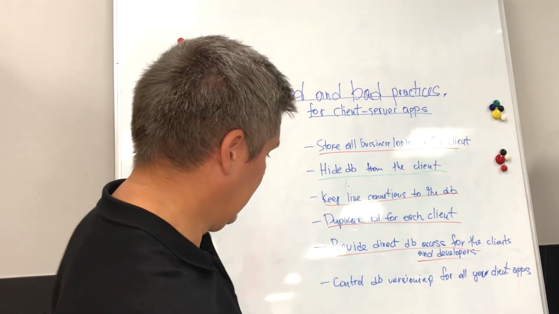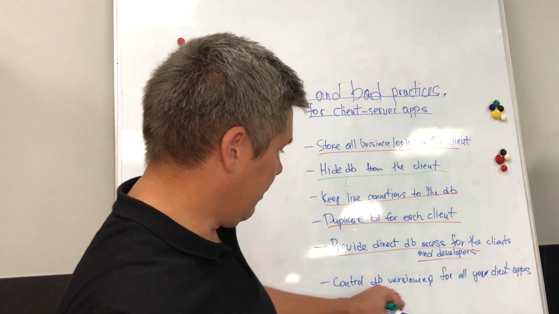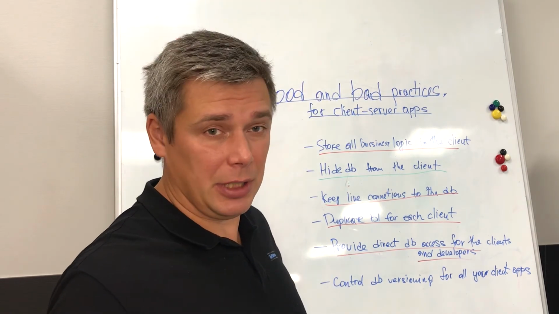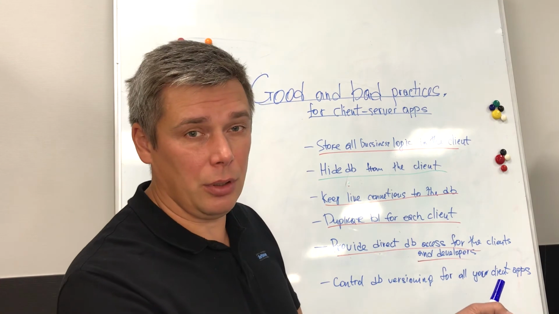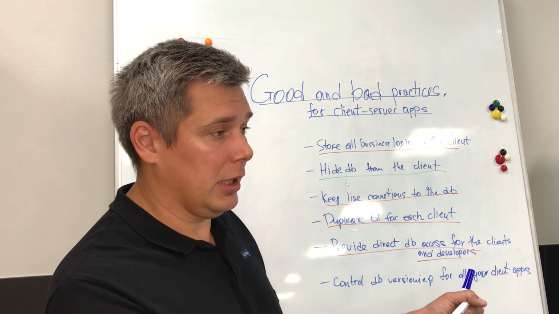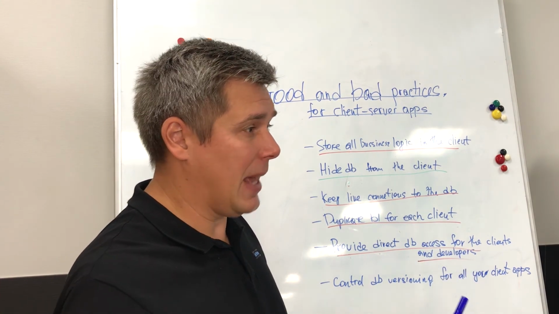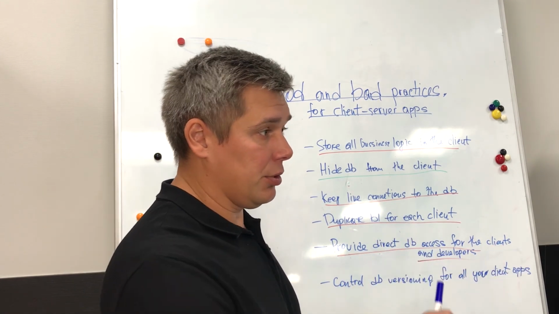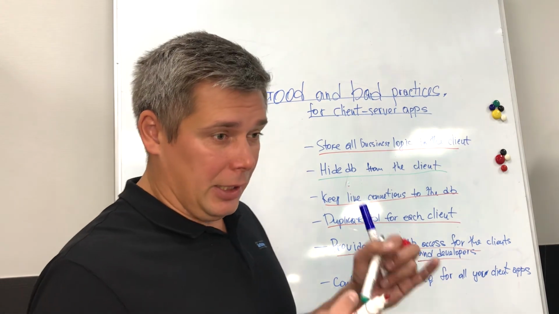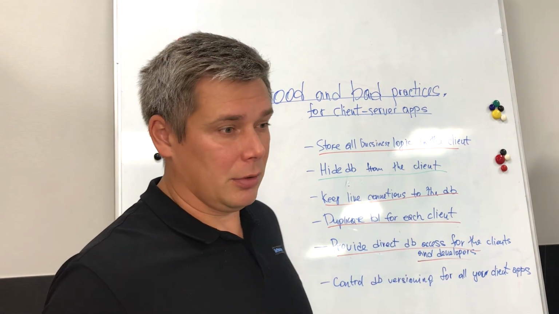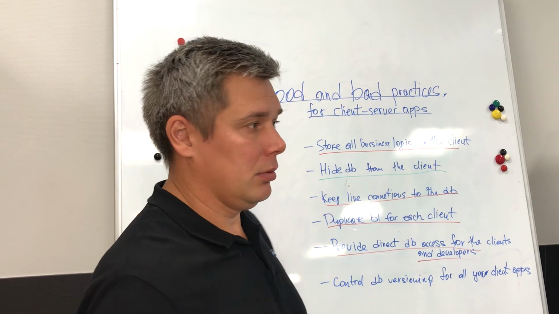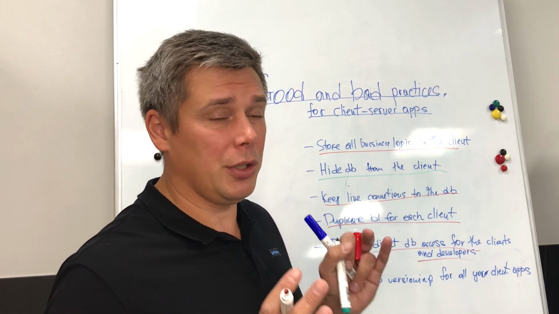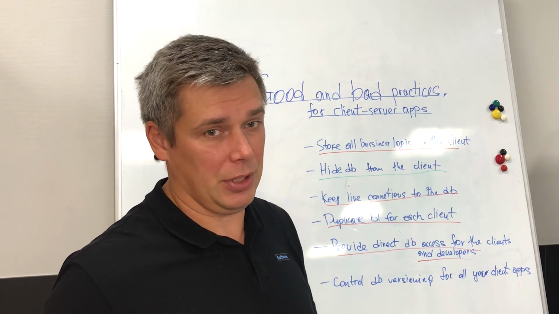Bad practice. Control DB versioning for all your client apps. It means that if you change some database, you can have a lot of, for example, client implementations, and all of them have to change. Okay, you can say that this is one version of the database, this is another one. If we're talking about REST API, you can have one database, but you can have a couple of versions of REST API which will know how to process all these differences.